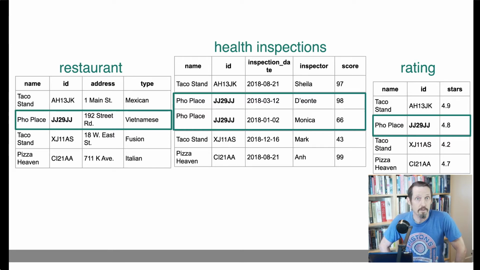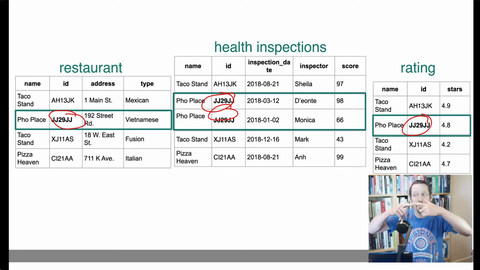There's another table which has health inspection reports, and a third table that has the overall rating of the restaurant. So when we want to find anything related to a particular restaurant, we can find that by using that ID and querying across those tables to get the information we want from each one of those tables and then match it up to get the answer to our question.